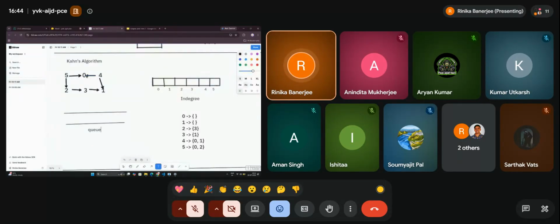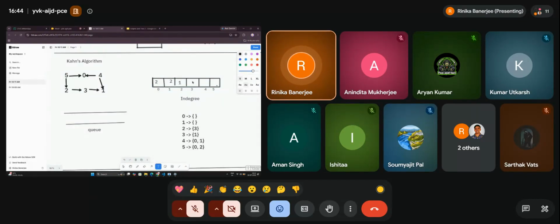Now let me see what is the in degree of 0. How many edges are pointing towards 0? In degree of 0 is 2. What is the in degree of node 1? That is also 2. What is the in degree of node 2? It is 1.